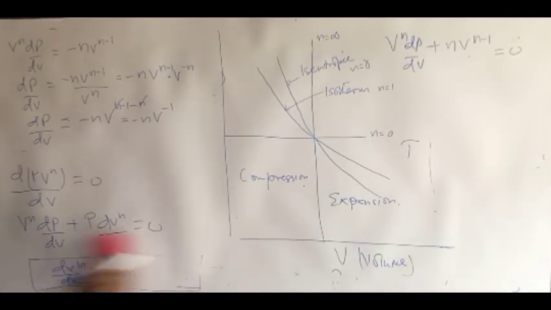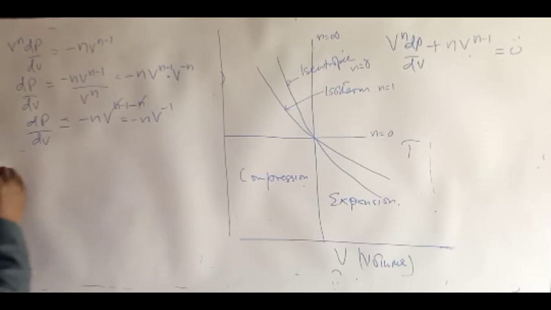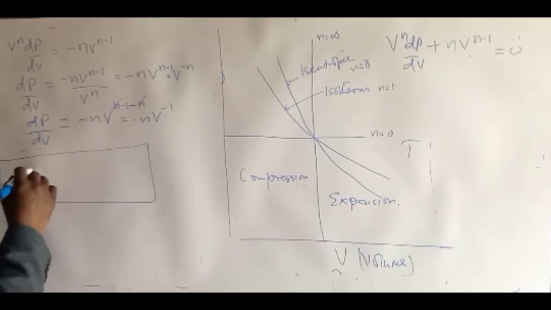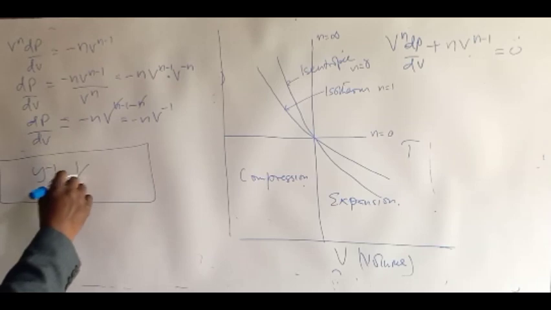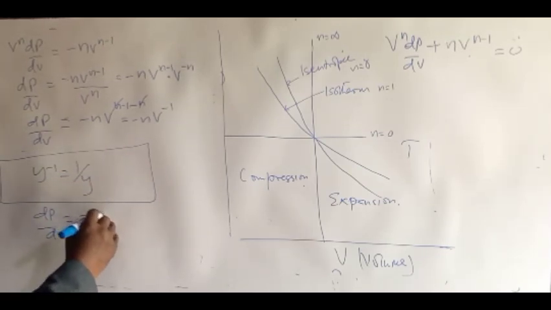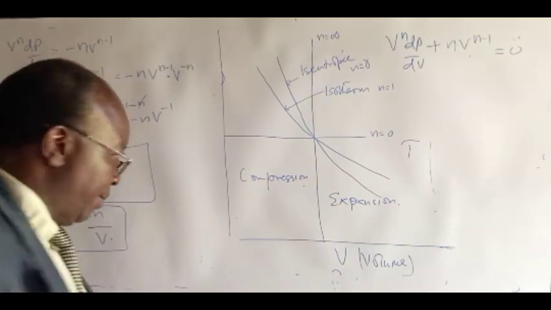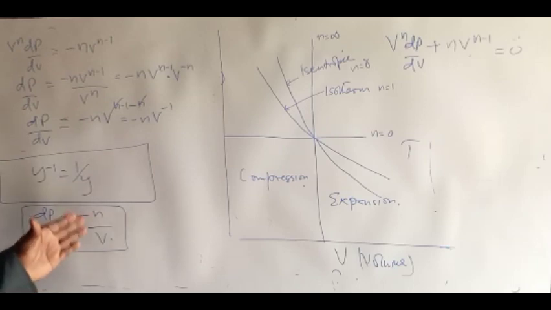Now, using the identity which we had said earlier, I just remind you so that you don't lose one another, that is, y^(-1) is 1 over y. I can apply that there. So dp over dv will be equal to minus n over v.